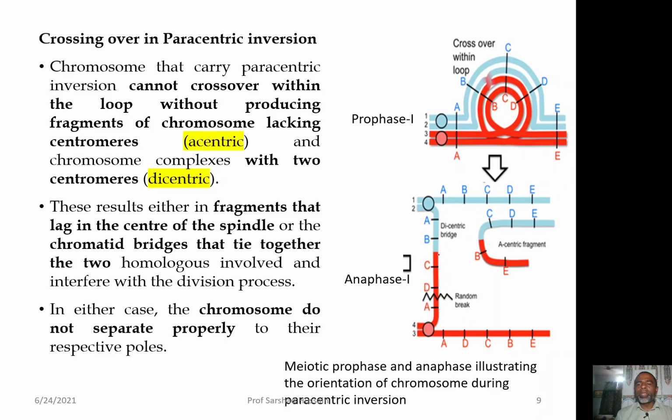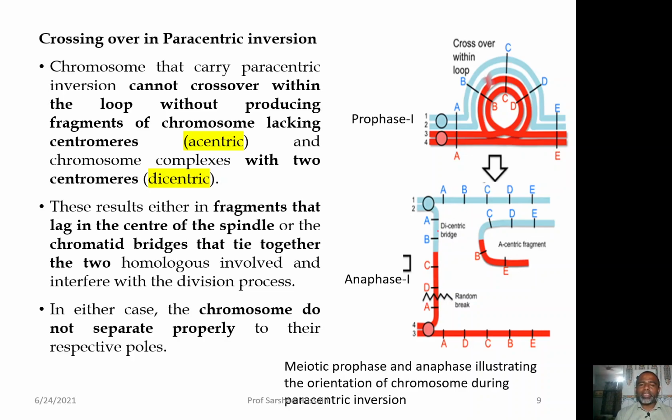So, even in the case of dicentric formation, sometimes because of the equal pull from both sides, these chromosomes will not go anywhere. They will remain hanging in between and not go to either pole. As a result, again the gamete will not be formed, as chromosomes will not be there.